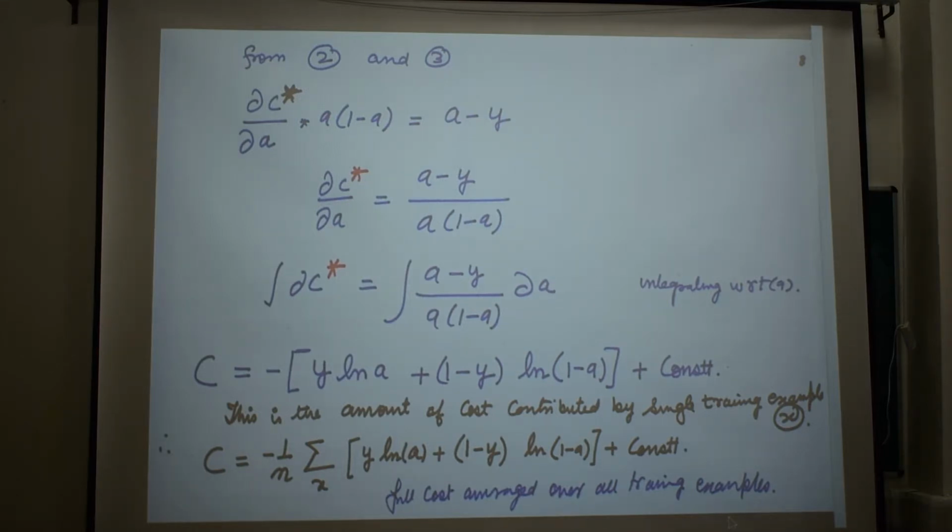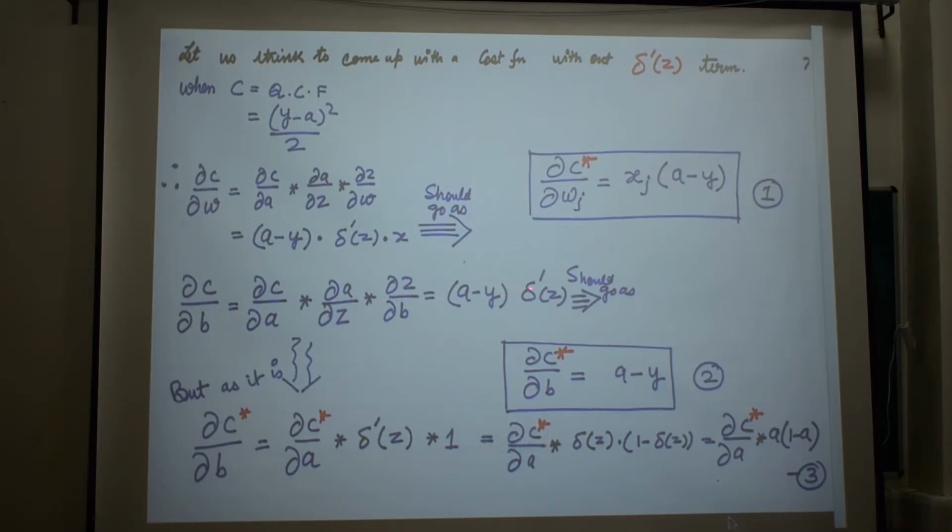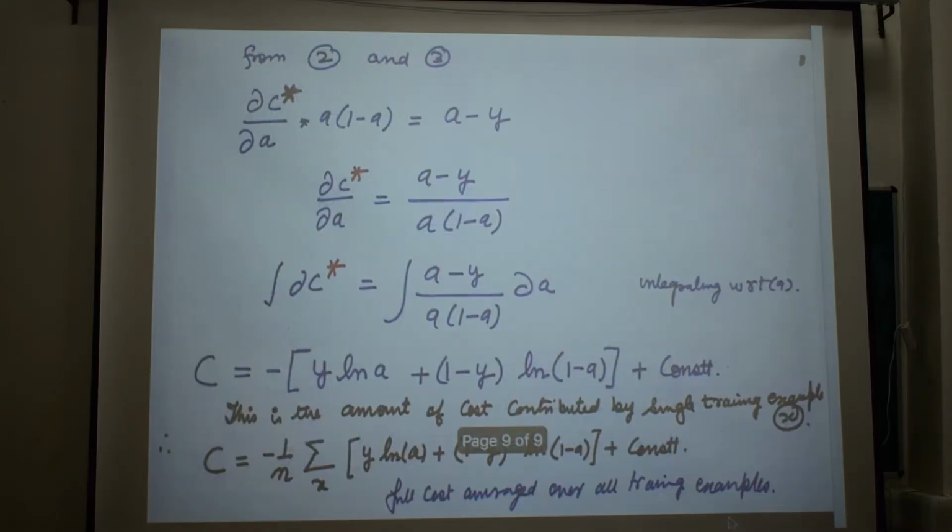That is why I said that it should not be A minus Y times this; it has to be A minus Y only. So if I do it like that and want to find what that C function should be, then I do the integration and you are going to get this function. It's not magic that we take cross entropy, differentiate, and see that okay, the derivative of the activation function is not coming. We actually have removed that.